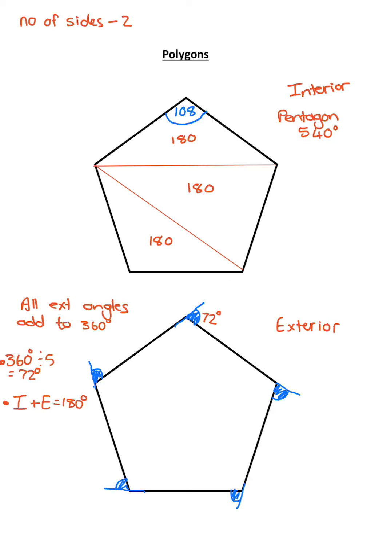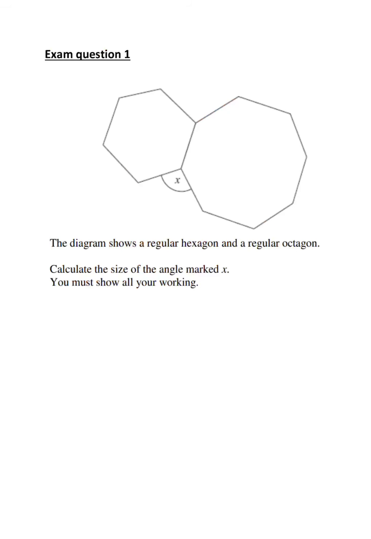So let's have a look at the next question. This is an exam question, and it tells you that you have a hexagon, which is a 6-sided shape, and an octagon, which is an 8-sided shape. It wants you to get that angle there.